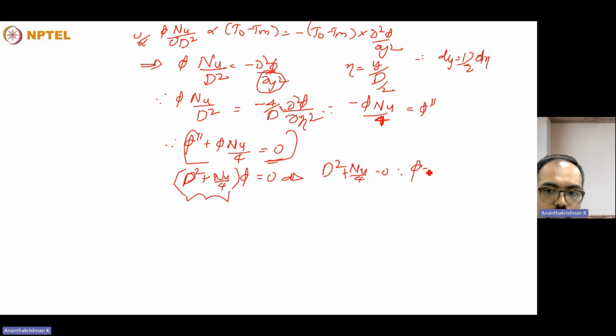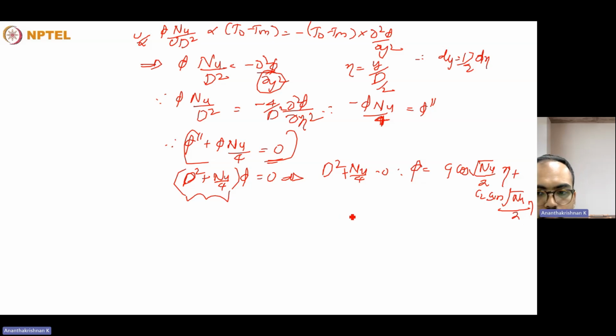We'll get phi is equal to c1 cos of root of Nusselt number divided by 2, where eta is the y direction non-dimensional variable, into eta, plus c2 sine root of Nusselt number divided by 2 into eta.